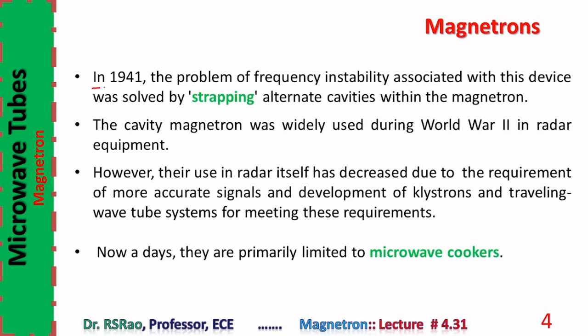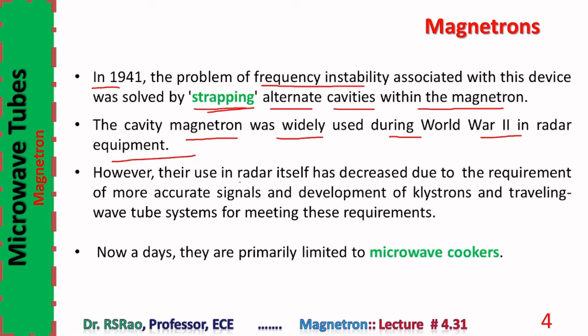In 1941, the problem of frequency instability associated with this device was solved by strapping. We are going to discuss this technique, strapping, soon. Strapping alternate cavities within the magnetron. The cavity magnetron was widely used during World War II in radar equipment.